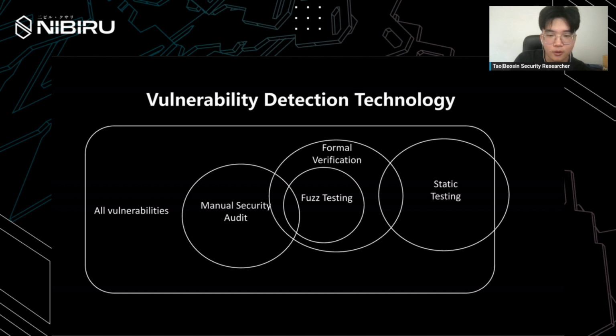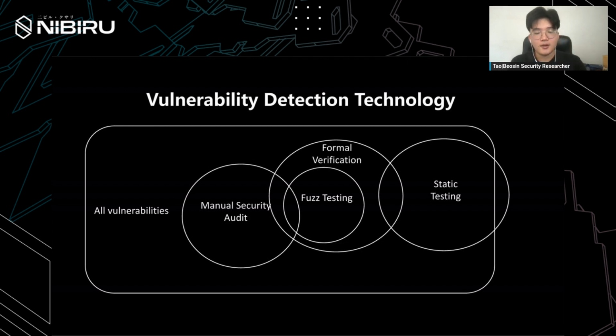Besides formal verification, fuzz testing, and static analysis, we also do manual security audits. Since the business logic in different protocols has its own unique execution paths and unique vulnerabilities, we need to do manual security audits specific to different protocols.